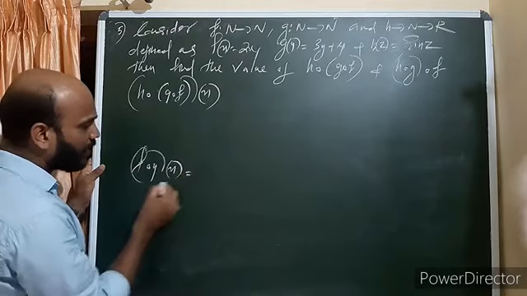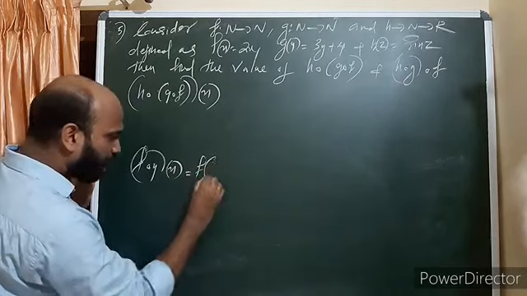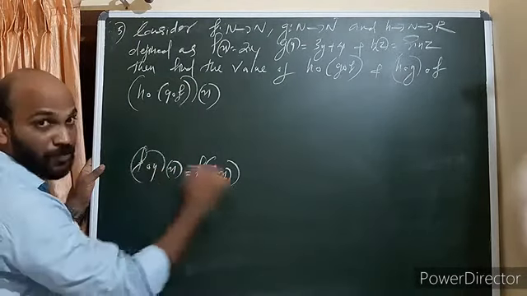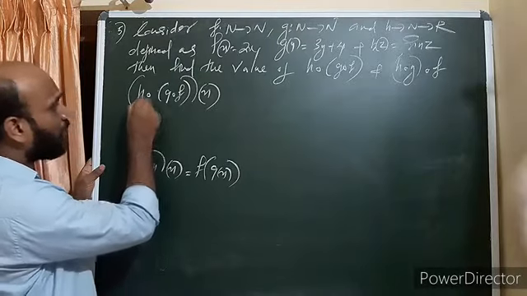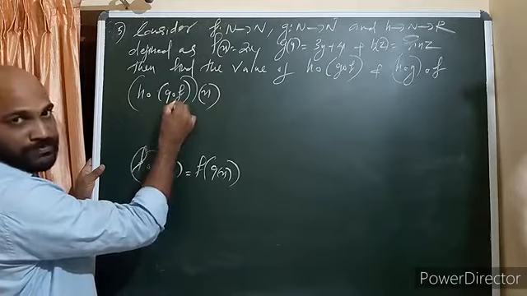Okay, now how can we find f of g of x? By definition, this is equal to f of g of x. This one you have to compare with this formula. So in place of f, we have h. In place of g, we have g of f.